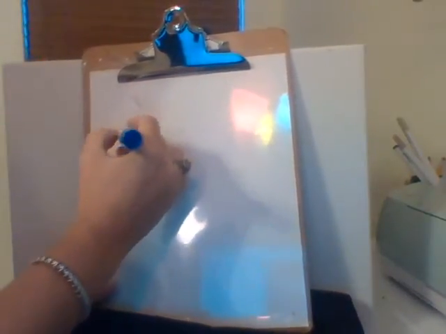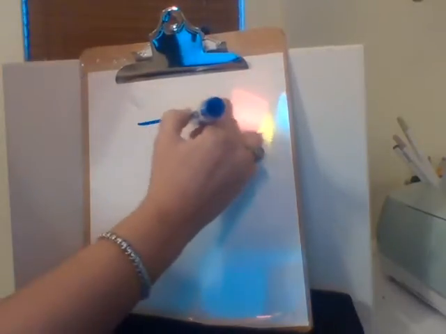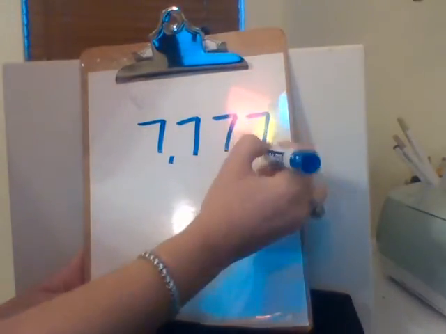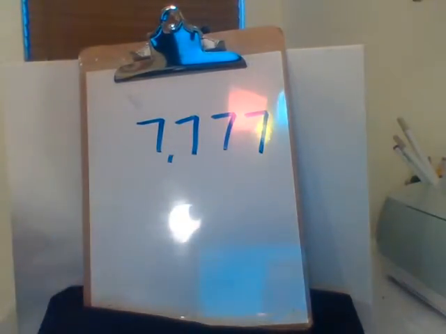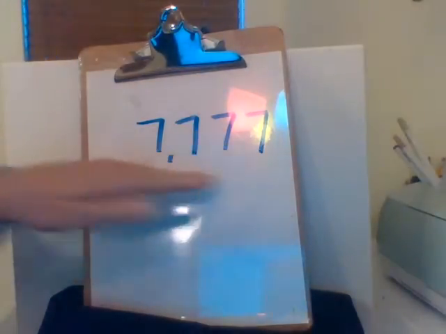What I want to do is kind of show you on a number here. I'm just going to go with a number with all of the same digits. All right, so I've got 7s in all of my places.